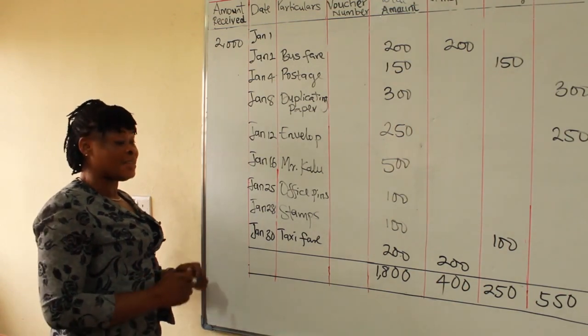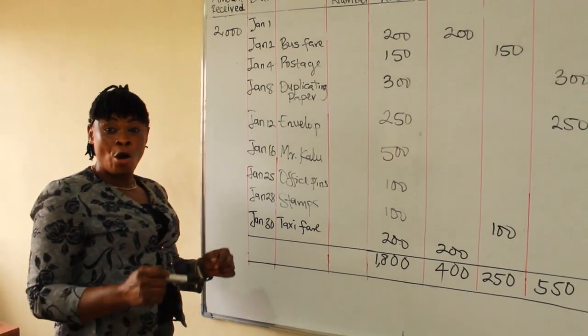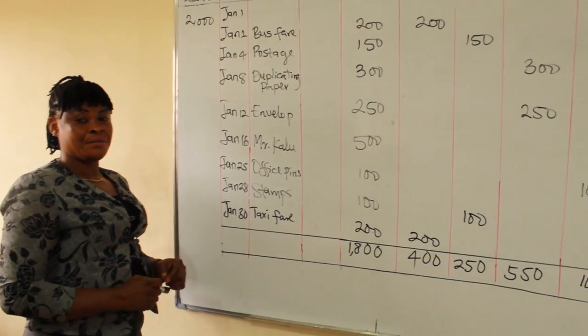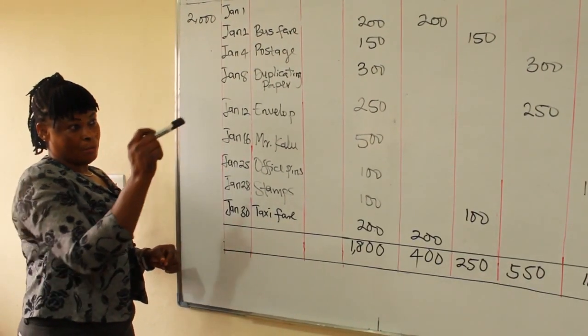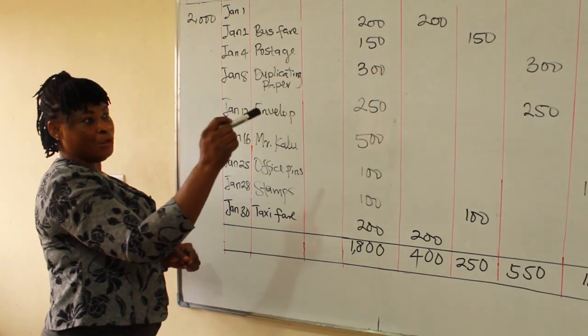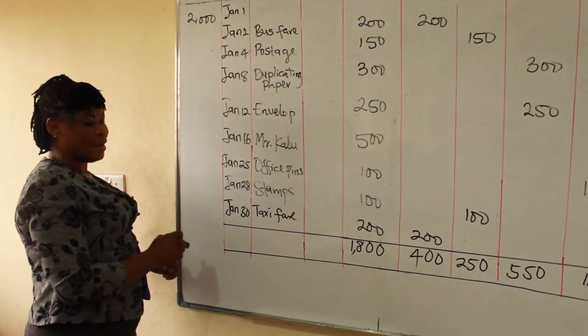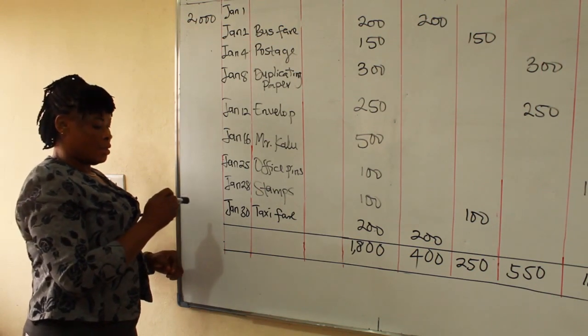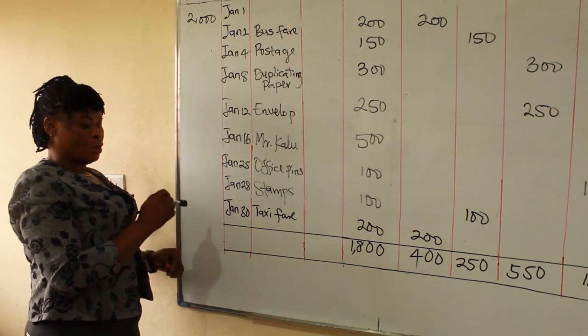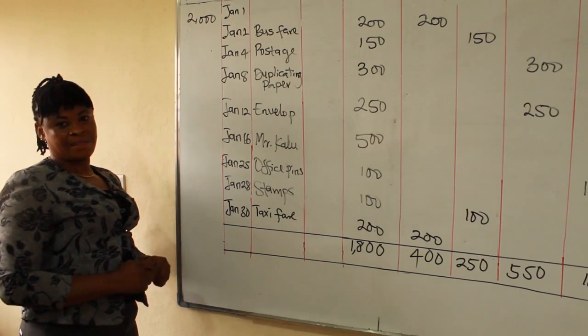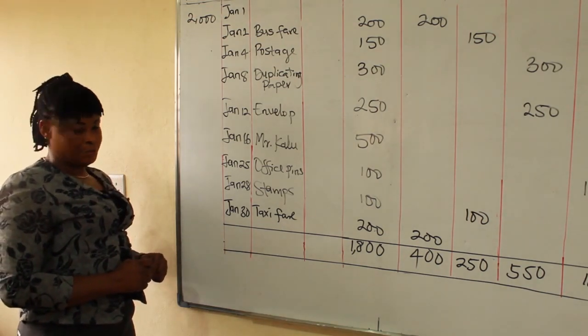And it has the last date of the month. This month was the month of January. Therefore, the balance carried down will be on the January 31st. I hope you are following.